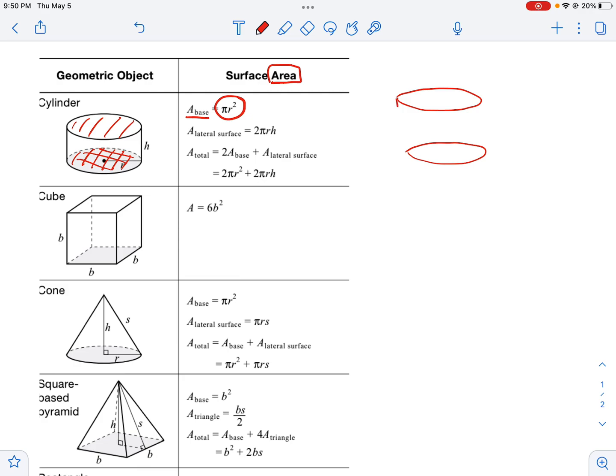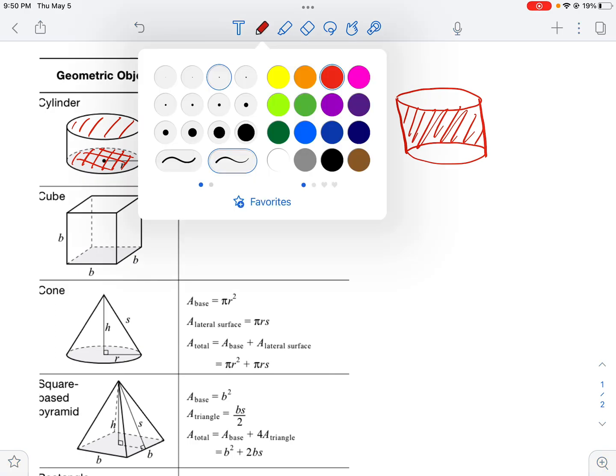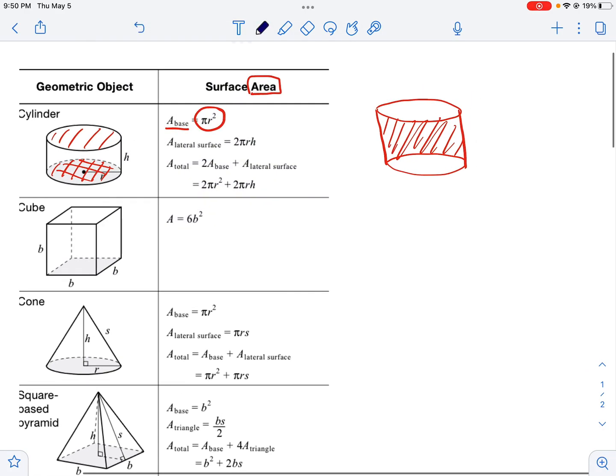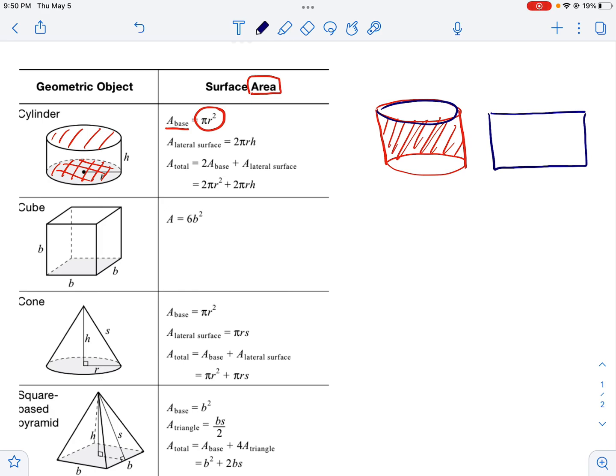And then we have the lateral surface, which means this part in the middle. If you were to actually open the cylinder up, the lateral surface is actually a rectangle, where the length of the rectangle is equal to the circumference of the circle, so 2 pi r, and the width of the rectangle is called the height.